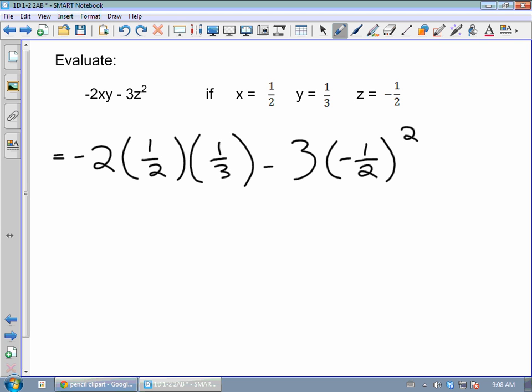So what operation should we do first here? What do you think, Emerson? What do we do with those brackets, though? You're right, we do the brackets first.